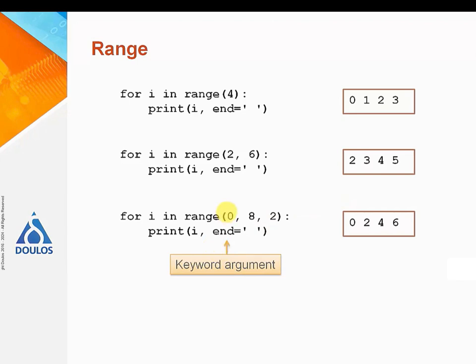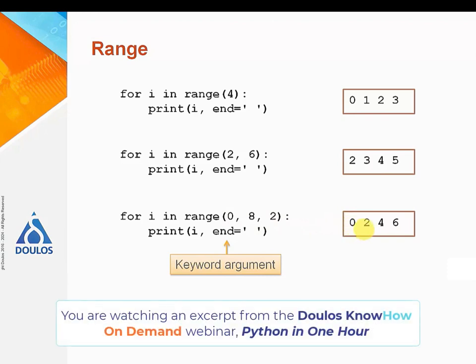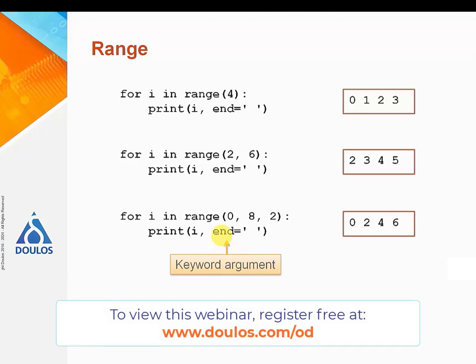So range 0, 8, 2 is going to start at the value of 0, then move up in steps of 2, 0, 2, 4, 6, until it stops just before the stop value of the range. And again here you can see that the print function has a built-in keyword argument, an optional argument that we can add to provide more information to the print function. And there's quite a lot of these optional keyword arguments in Python that it's worth you learning about over time.